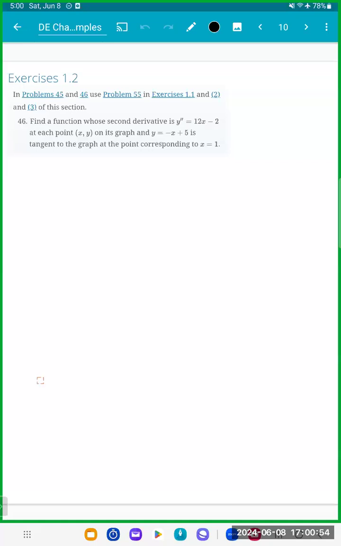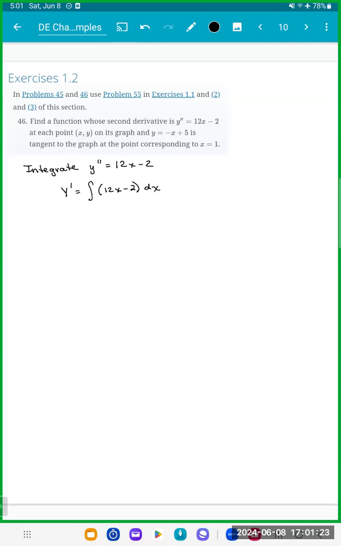So the first thing we want to do here is we want to integrate this y double prime equals 12x minus 2, right? So y prime is equal to the integral of 12x minus 2 dx, right? So this is our first integration.